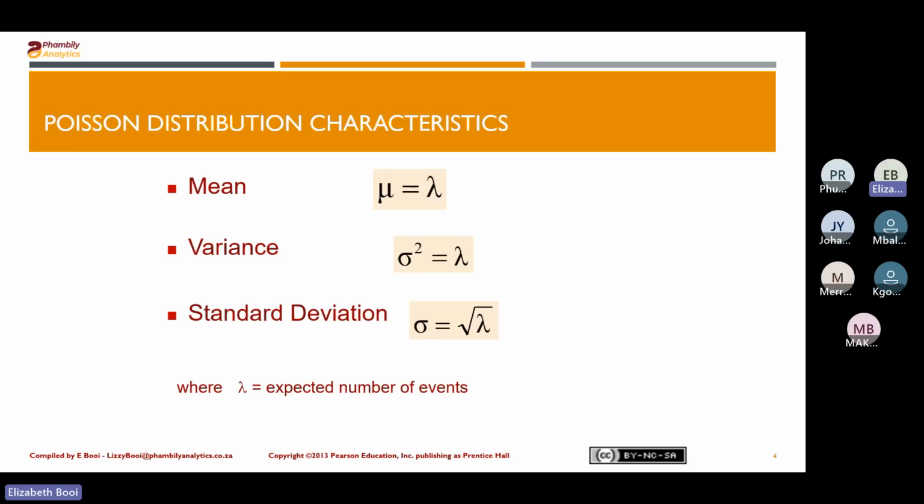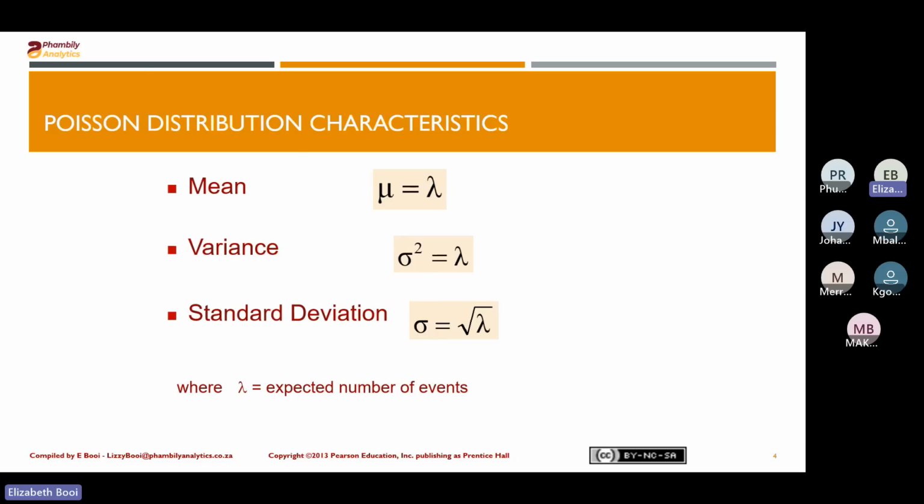which we refer to as the expected mean, or the mean, or the mu, and is denoted by lambda, which is your average rate. And the variance, sigma squared, is equal to the lambda, and your standard deviation will be the square root of your lambda.